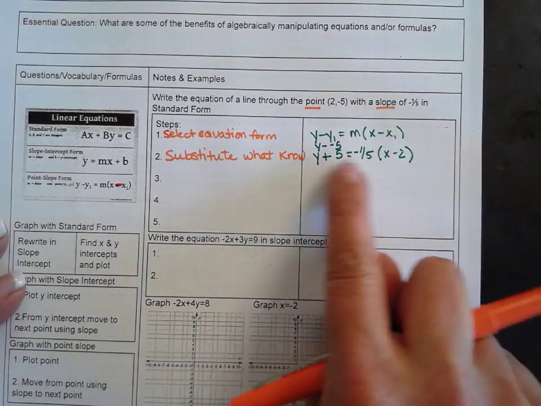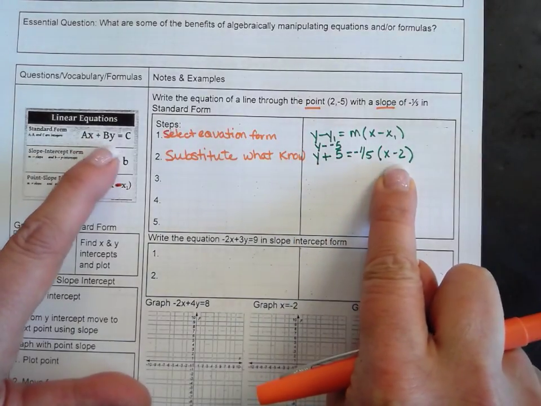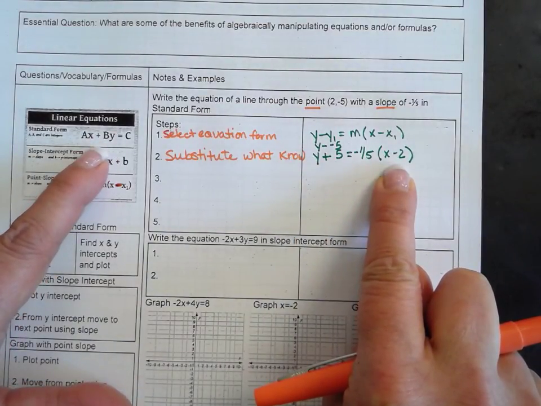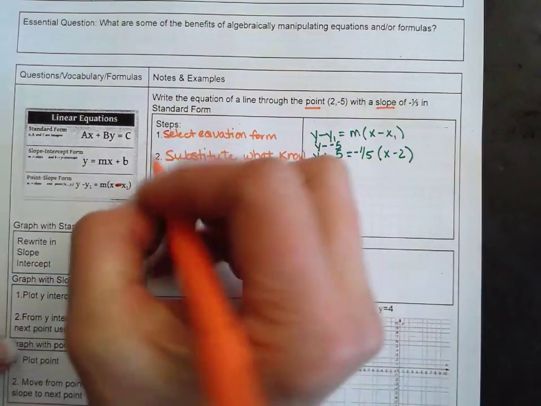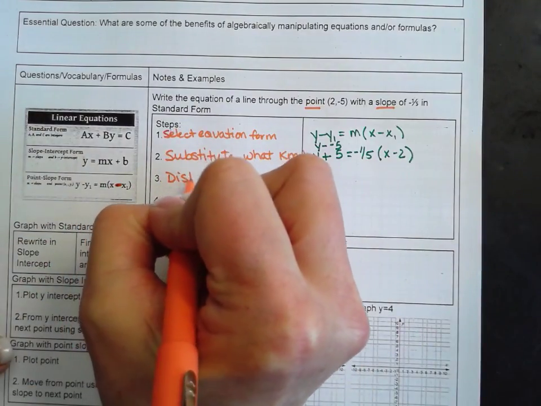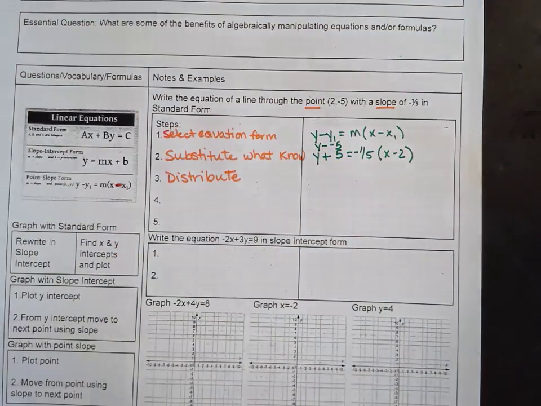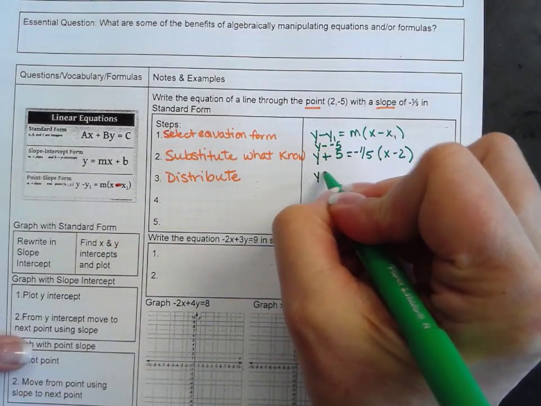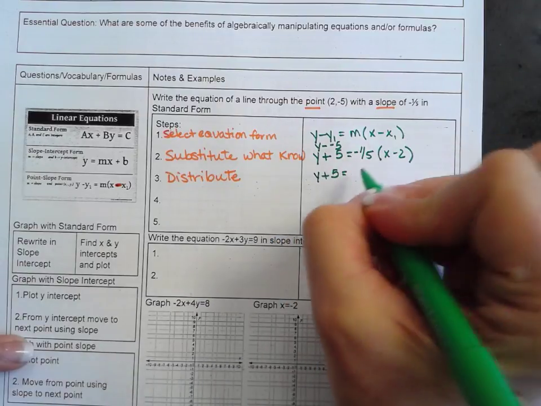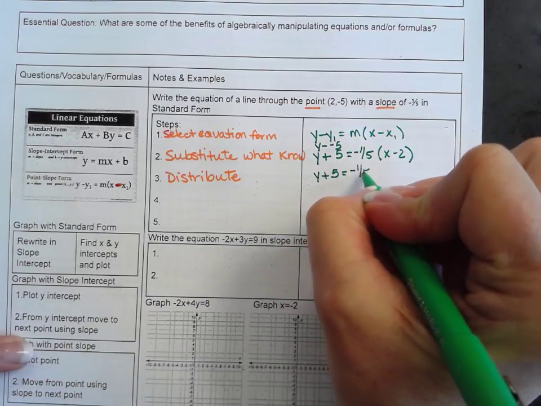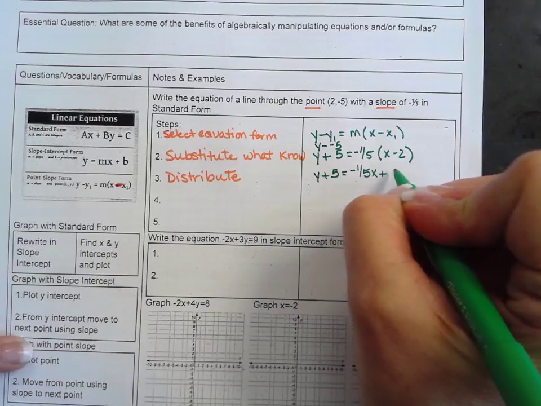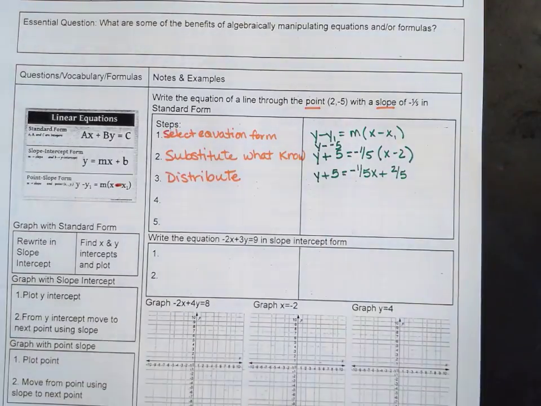All right, what's the next step? If I'm trying to get from this form to where x and y are on the same side, what's the first step to do? Distribute. Absolutely. So I'm going to have y plus 5 is equal to -1/5 x plus 2/5.